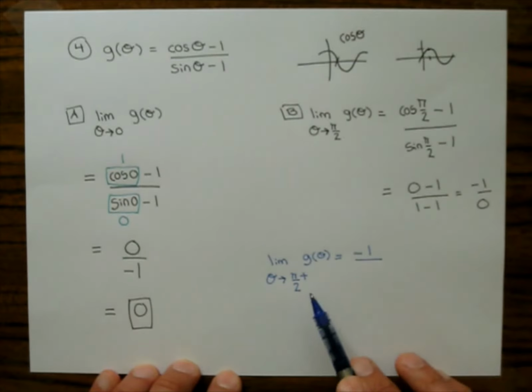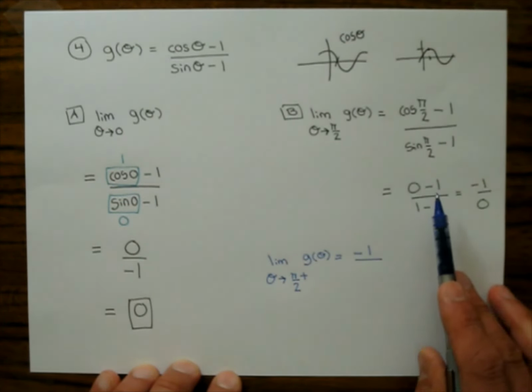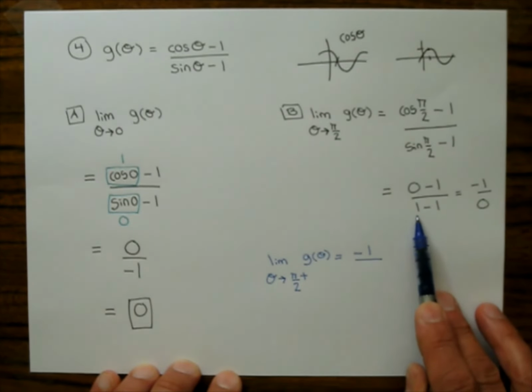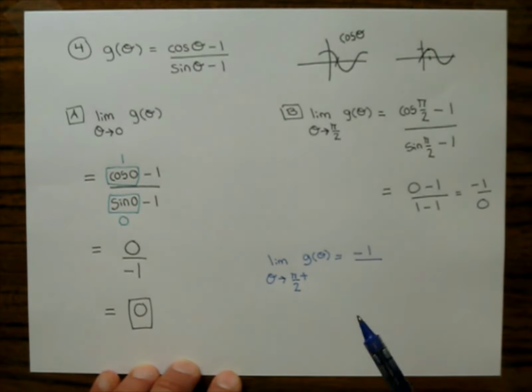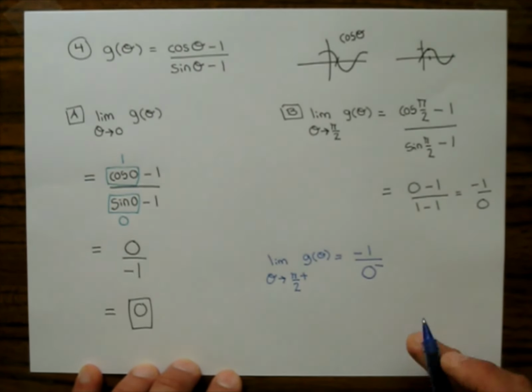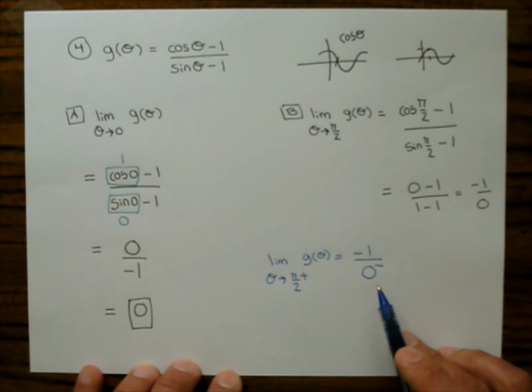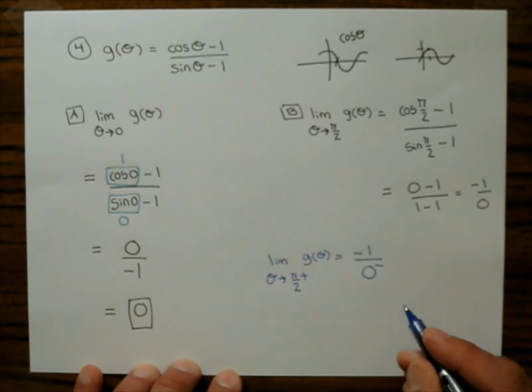If we're coming to the right, so a little to the right of that hill, we are not at 1 anymore in terms of our height. We're at like 0.99. So think about this: if this was 0.99 minus 1, then that's going to give you a very small negative number. So right away you see you're going to get an infinity or a negative infinity, but this is a negative number over a negative number.